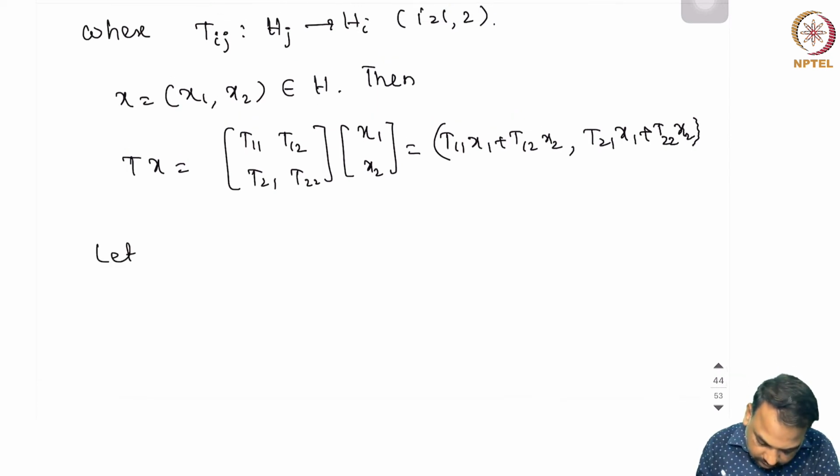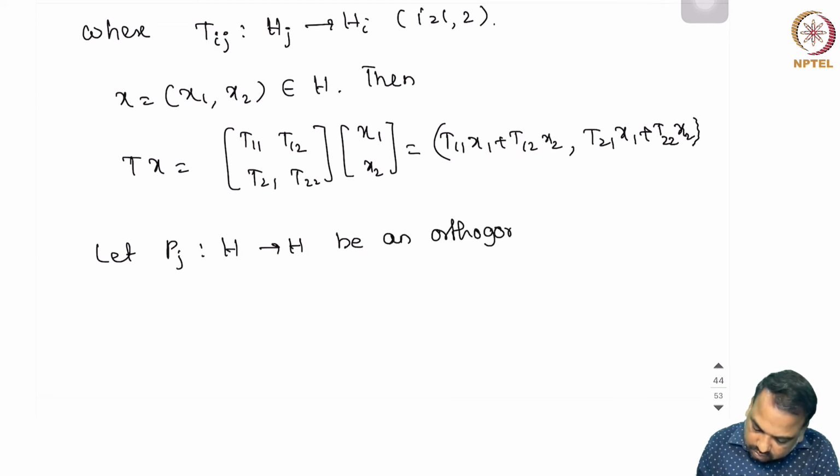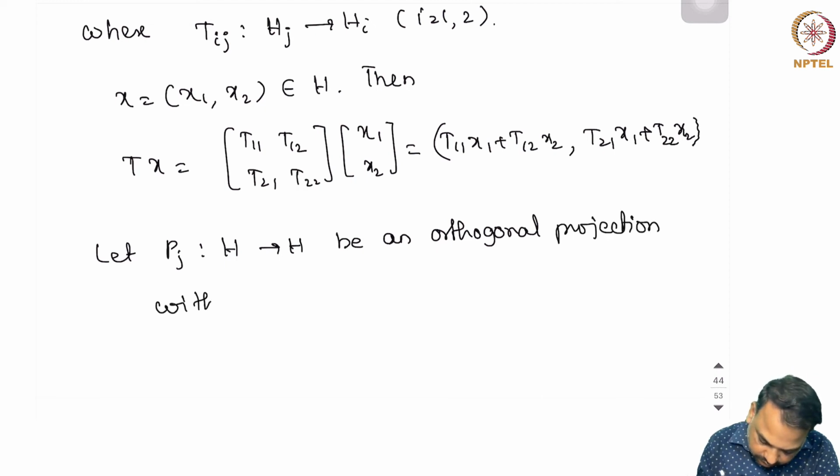Let Pj from H to H be an orthogonal projection with range of Pj exactly Hj.